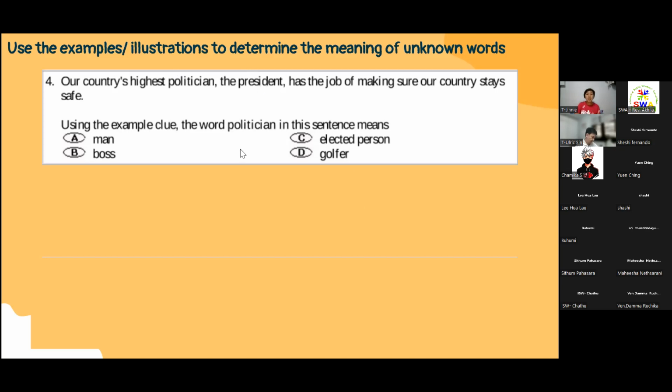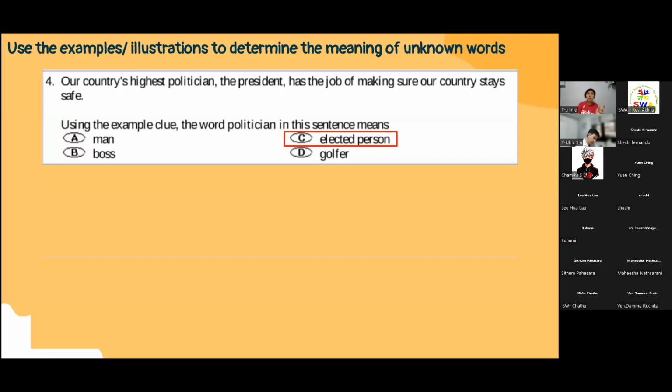We must be a bit clear here. If you look at this sentence, it has some sort of prestige. It does not talk about any other boss on the street. So the answer is actually elected person. If you look at the meaning of a politician, it is the person who is in politics, and when you talk about politics, there's always talk about election.